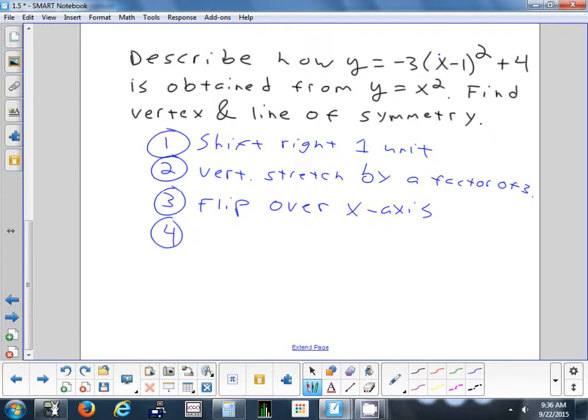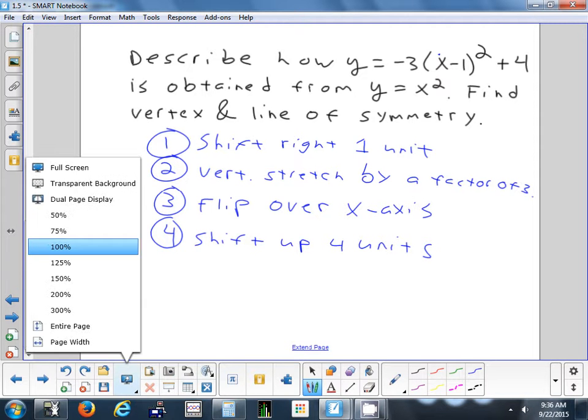And now the last thing would be the +4. Kyle, what's that? Shifts up. Up 4 units. All right, so it's shift up 4.